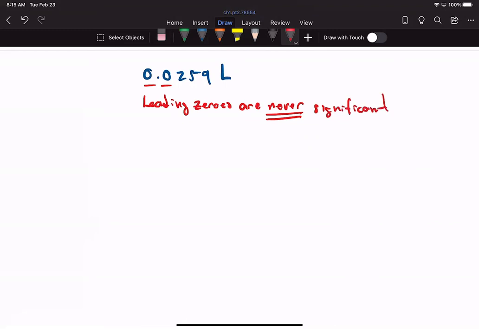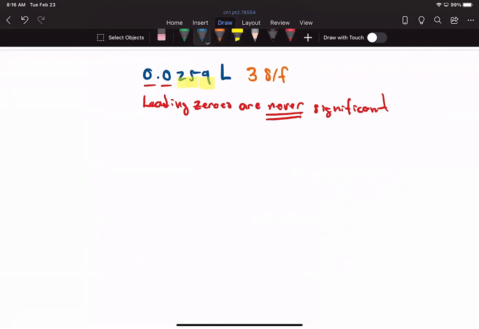We don't ever count leading zeros when we're determining significant figures. So here I have one, two, three non-zero numbers. I have two leading zeros, but I'm not going to count them because they're never significant. And I have three significant figures.